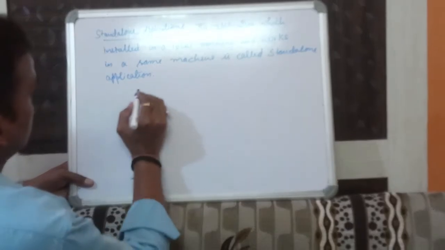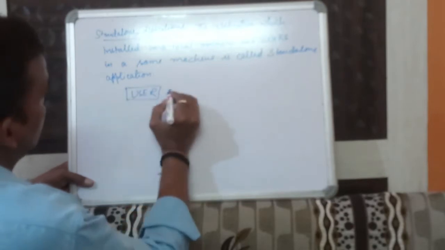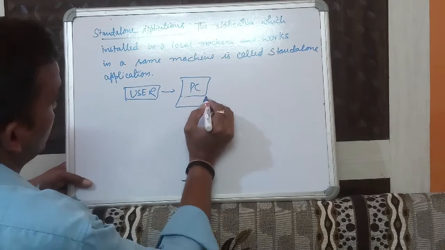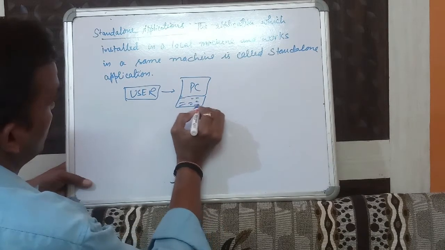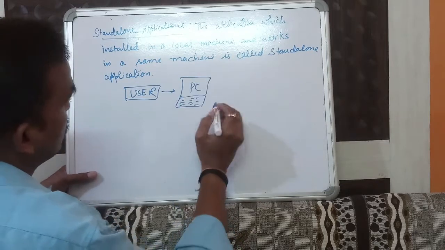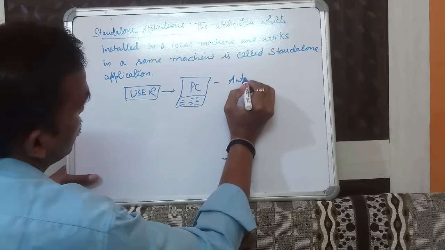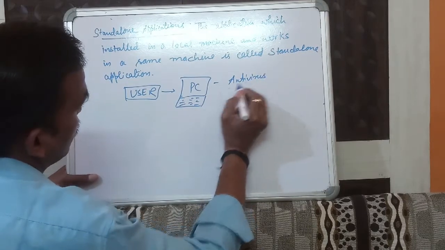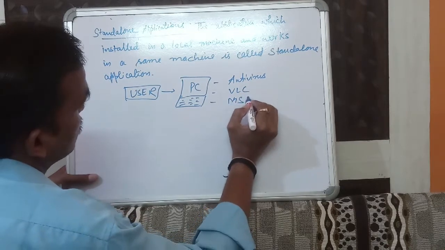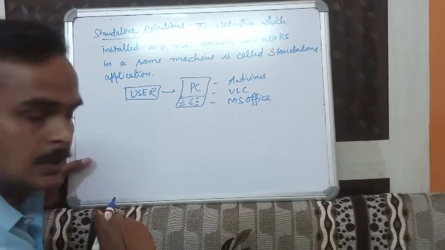For example, suppose there is one user and that user has one PC, and there are some software applications installed in this PC, like antivirus, VLC, MS Office and some other software, right?